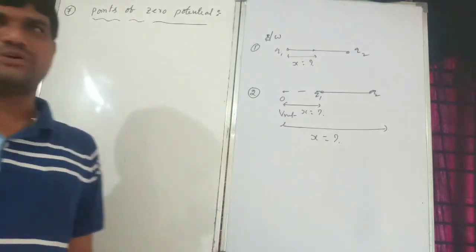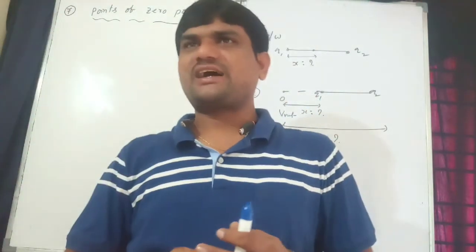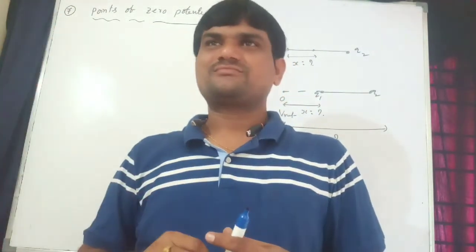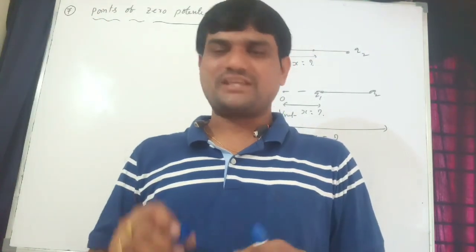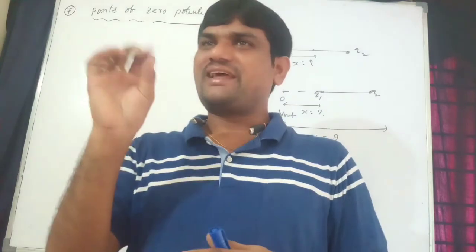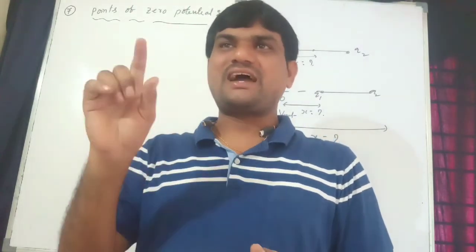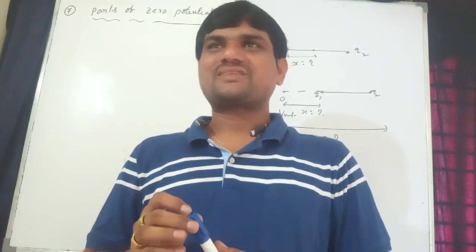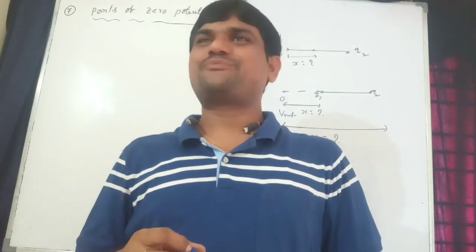For force purpose, remember, in electric force I have given equilibrium. Where the net force becomes 0, that point is known as equilibrium. Like that I told you. Next, electric field. For electric field purpose, I have given the null point. Null point means where the net field is 0.